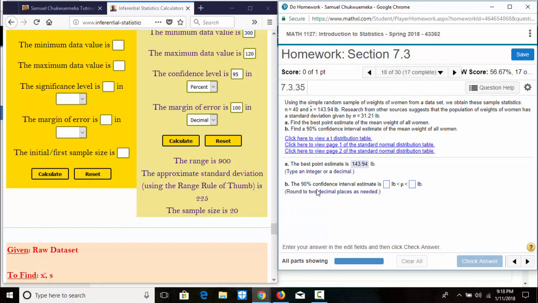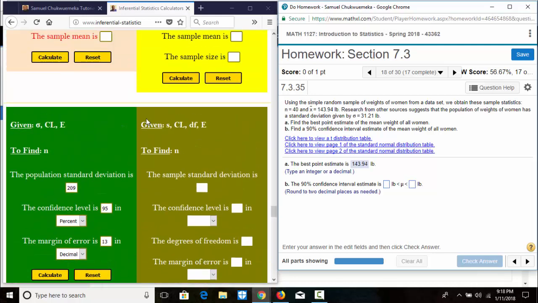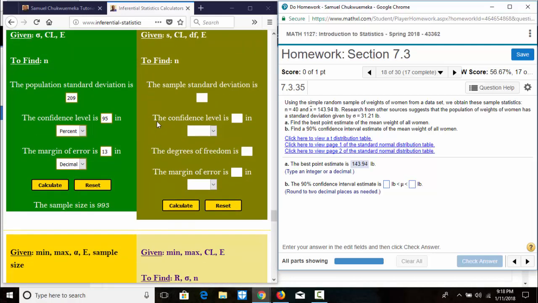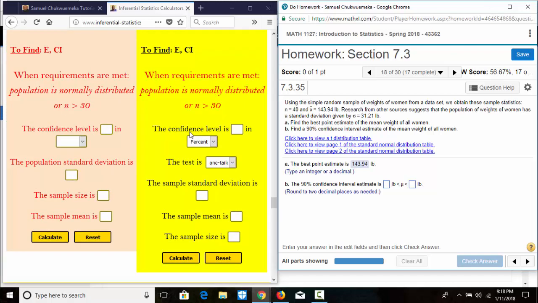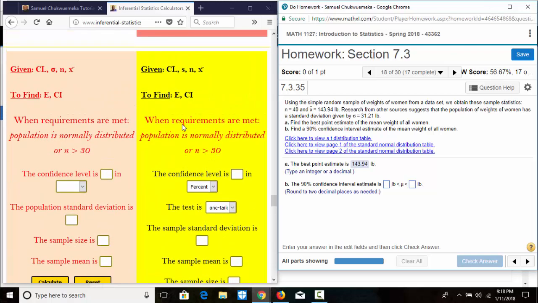B, the 90% confidence interval estimate is what? So we're going to use this here. They give us the population standard deviation, so we will use, which one now?